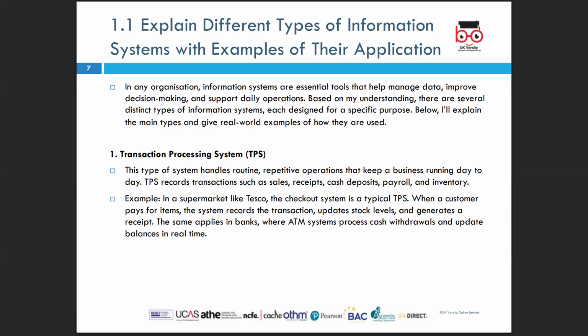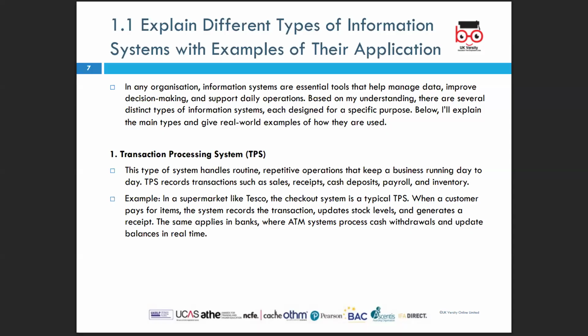Based on our understanding, there are several distinct types of information system, each designed for a specific purpose. So now we're going to explain the main types and give a real world example of how these are used.